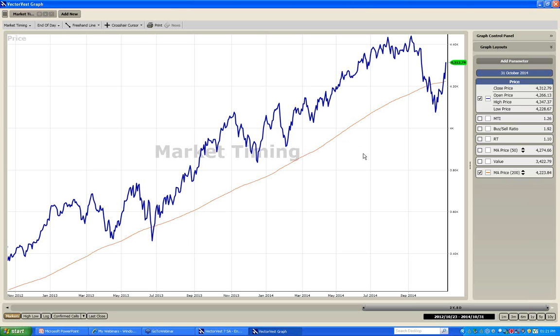So this blue thick line is not the overall JSE, it's not the ALSI 40, it's the Vectorbased composite, which is an equally weighted index of all of the stocks that Vectorbased are following. To get into the Vectorbased database, a share must have a 5-year track record.